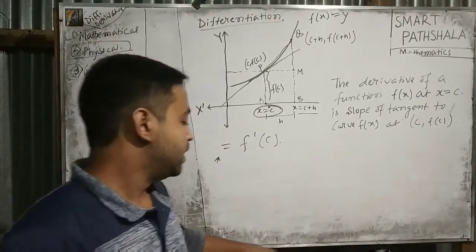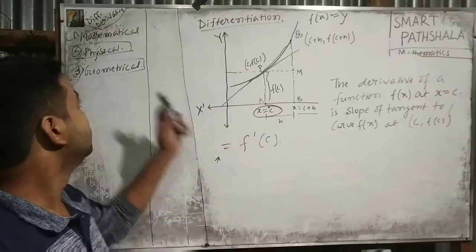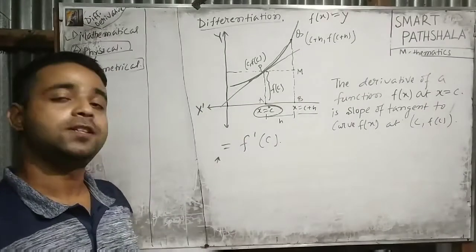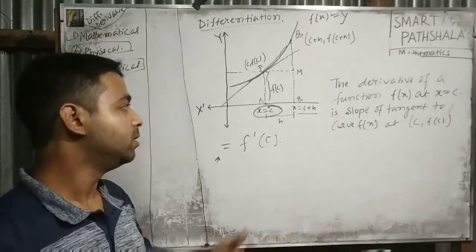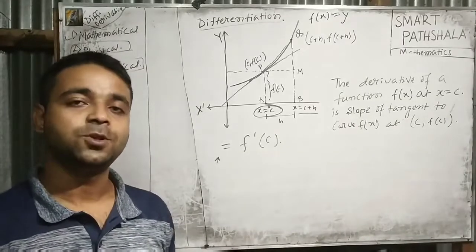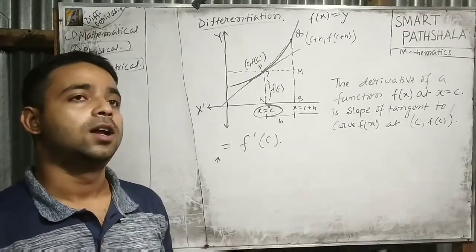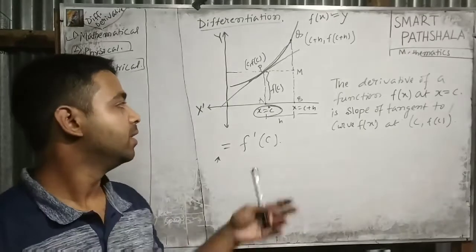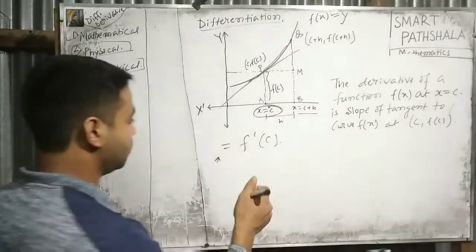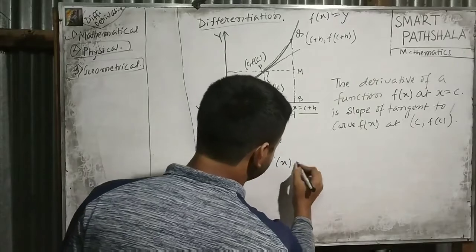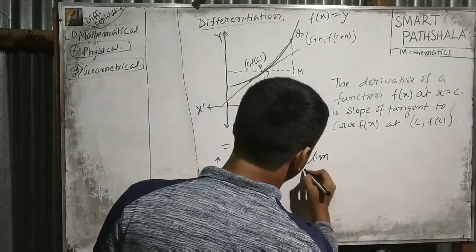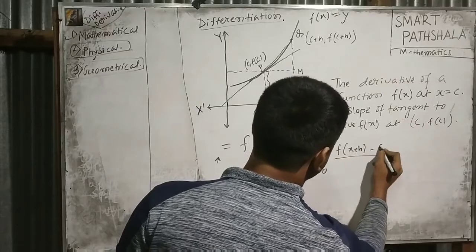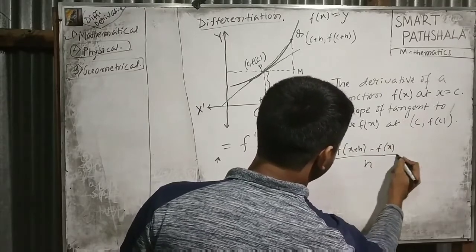Okay. Now by defining the different definitions of differentiation and derivative, we complete today's video. So in the next video, we'll derive some formulas using this formula only, which we have derived today, that is f dash x is equal to limit of h tends to 0, f of x plus h minus f of x divided by h.